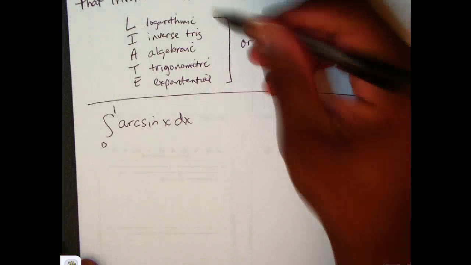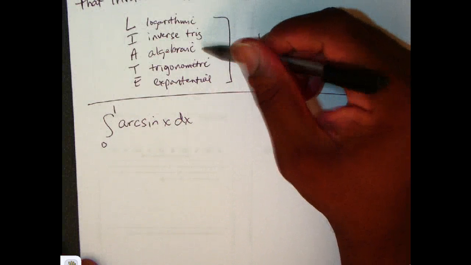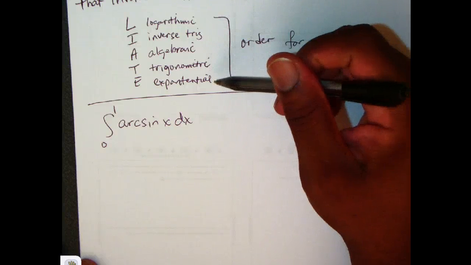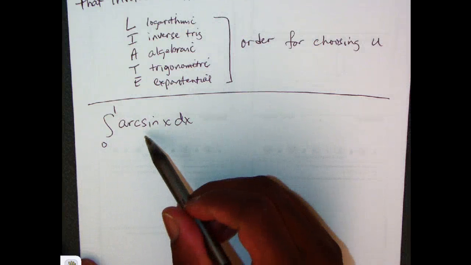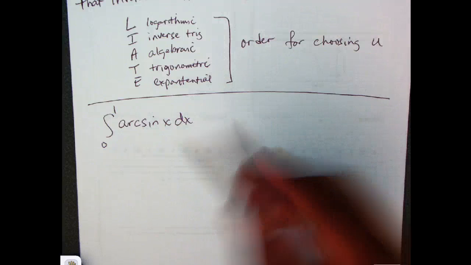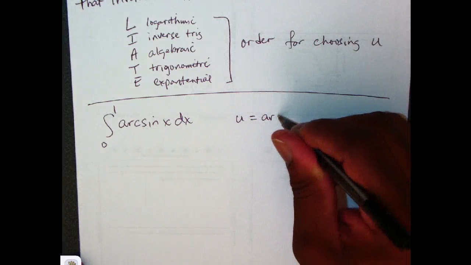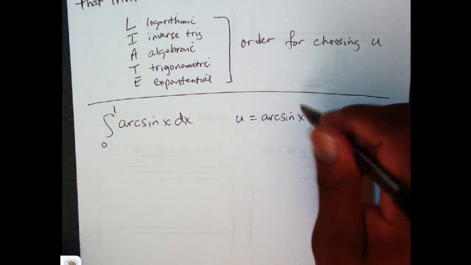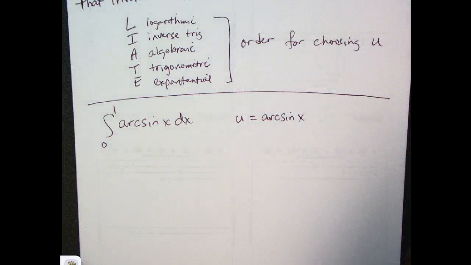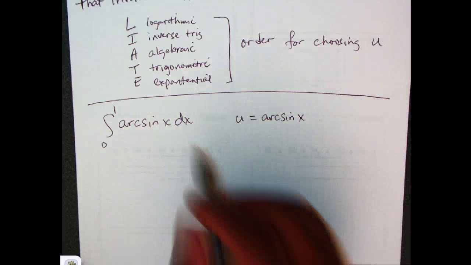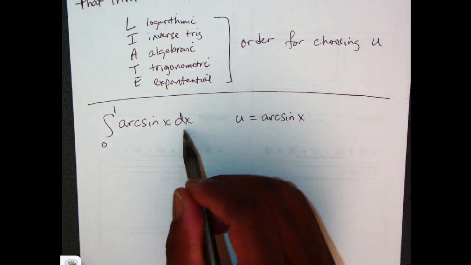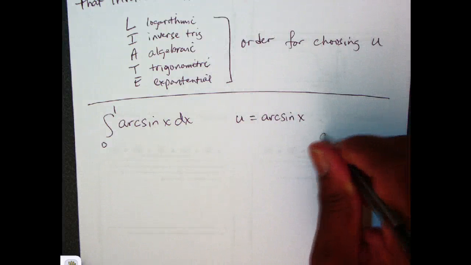So logarithmic, inverse trig, algebraic, trigonometric, exponential. So we do have an inverse trig. So we're going to let u equal arc sine of x. Then whatever is left over, that's your dv. So the only thing we have left over is the dx. So that's going to be our dv.